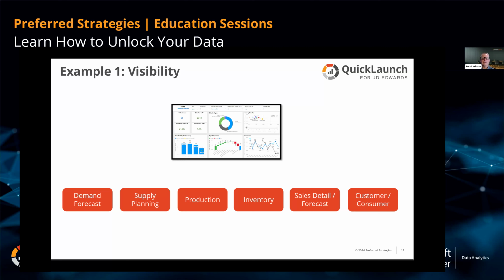And the ability to see and monitor that across all data points makes it possible to ask questions that would be much harder to answer, and certainly take much longer. When will we be short on inventory? What SKUs or item numbers will that specifically occur on? What's the cause of that shortage? Same with excess inventory.